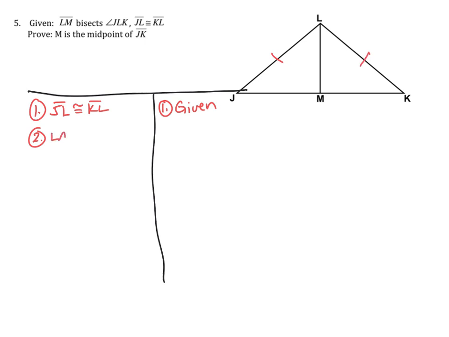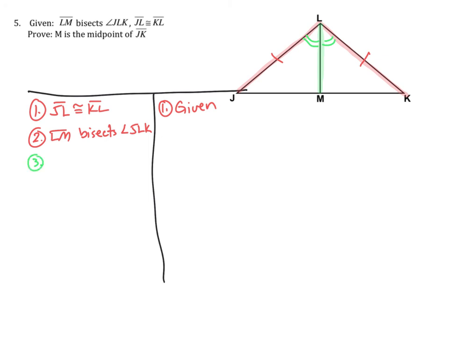And then LM bisects angle JLK. Well, let's take a look at angle JLK, and then LM is the bisector. And if LM bisects it, it bisects it into 2 congruent angles right there.